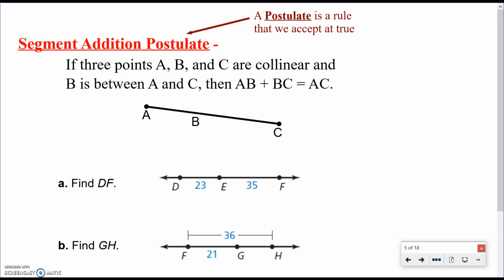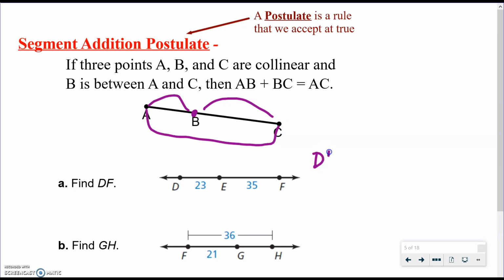Now we're going to talk about the segment addition postulate. We have a segment here with points A, B, and C, and they're collinear. And so what the segment addition postulate says is if you take the length of AB and add it to the length of BC, that gives you the length of AC. It's pretty logical. So we're going to use that to find the length of DF.